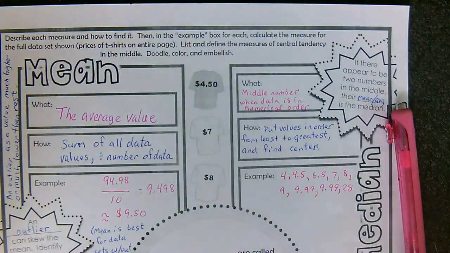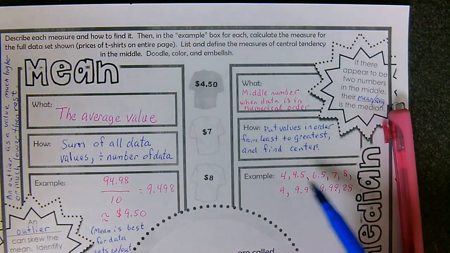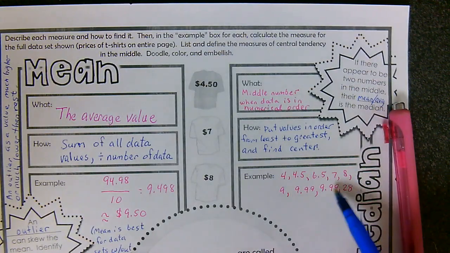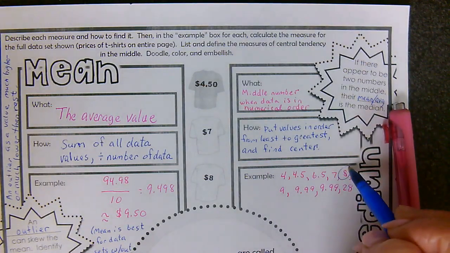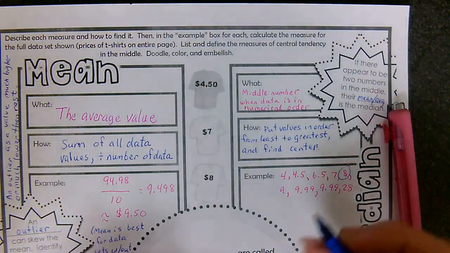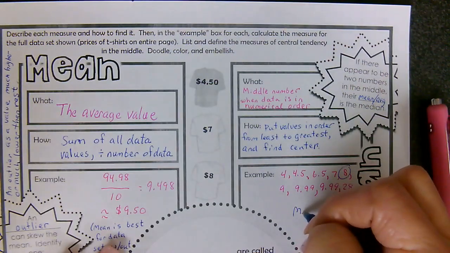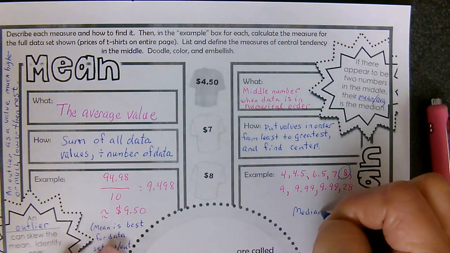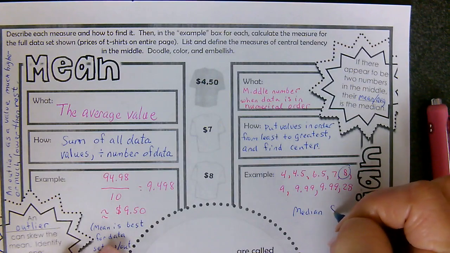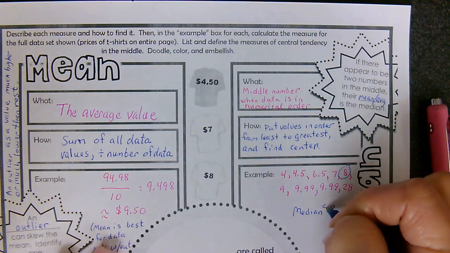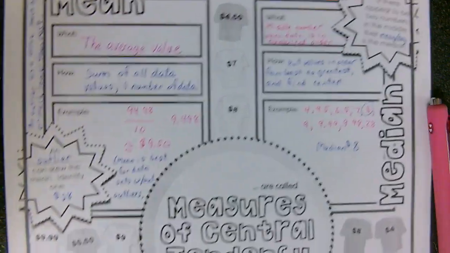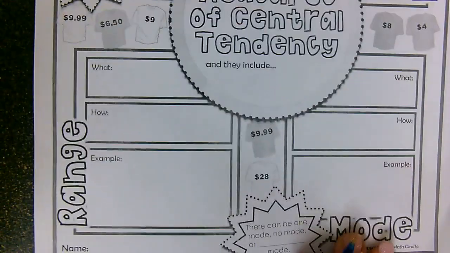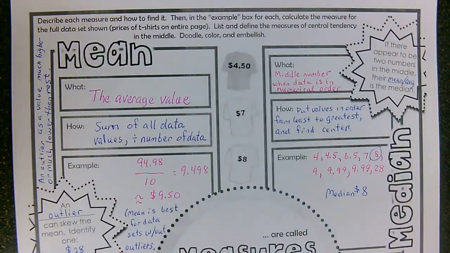Right? You have 1, 2, 3, 4, 5, 6, 7, 8, 9 numbers, which means the 5th one is the middle. 1, 2, 3, 4, 5. That's the middle number. And so your median is $8. Okay. See, we're using all this information from the t-shirts on here, if you were asking.